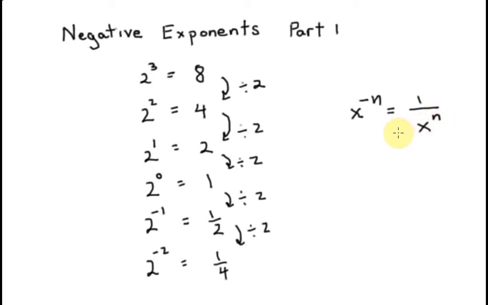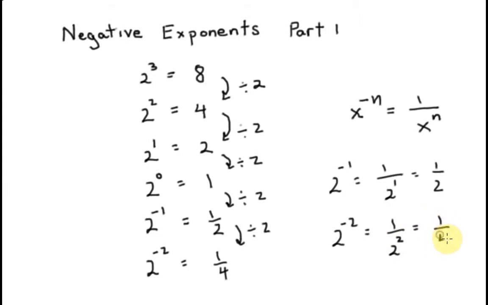So if I show you that rule in action, 2 to the negative 1 can be thought of as 1 over 2 to the positive 1, which is 1/2. 2 to the negative 2 would be 1 over 2 to the positive 2, which is 2 times 2 or 4, so 1/4. That's how we figure out these numbers on the right. It's this rule, and you saw that in action.